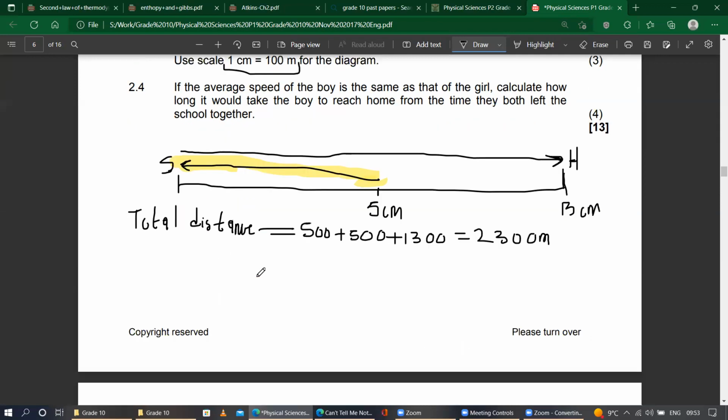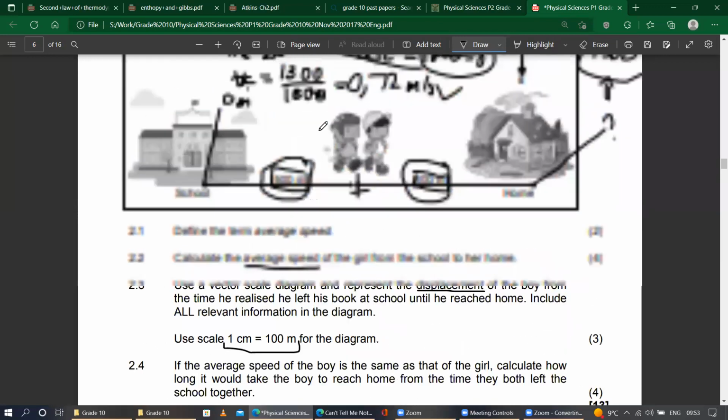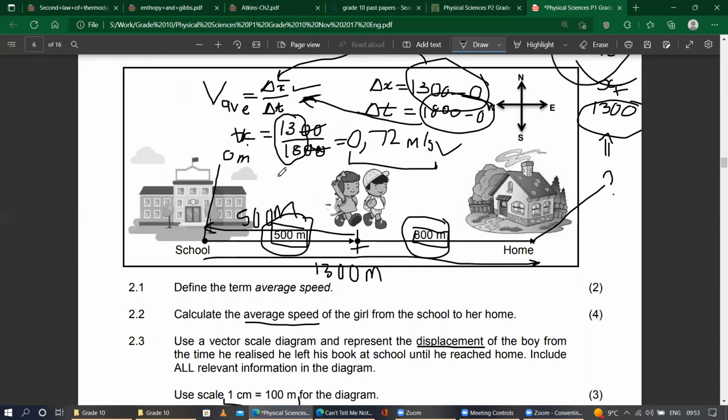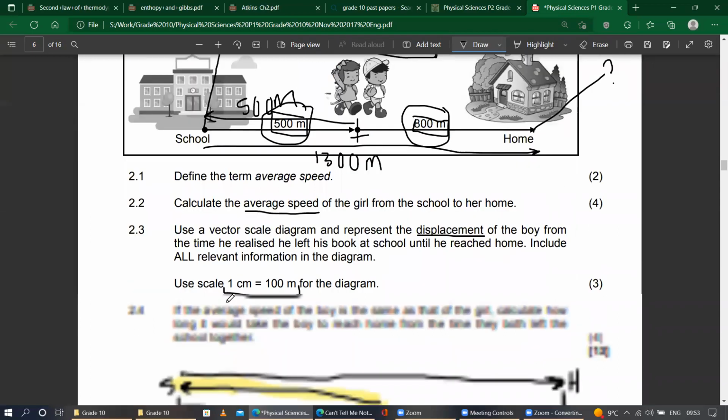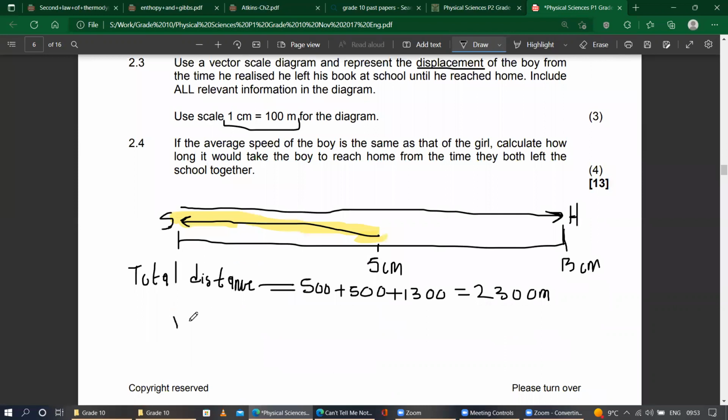Yeah. Then from the equation of average velocity, we know that v is equal to delta x divided by delta t, right? Therefore, we cross multiply this. We're gonna get v delta t is equal to delta x, right?